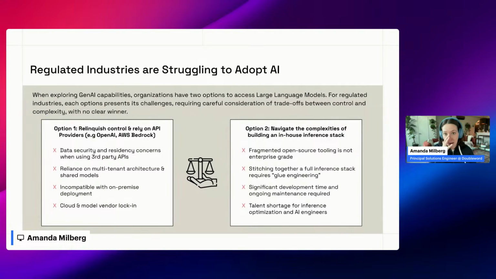Let's talk first about regulated industries and why they're struggling to adopt AI. When we're thinking about using AIs or using language models, there really are two ways to access them. And at first glance, both really aren't super appealing. The first option is to use an API provider. This is what you might be familiar with, something like OpenAI or AWS Bedrock.